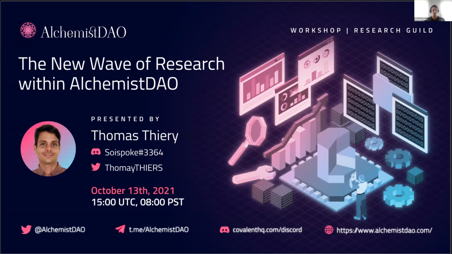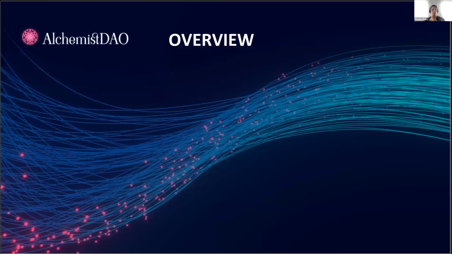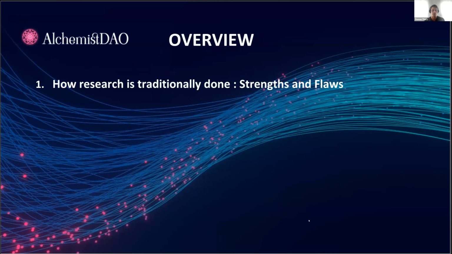First, I want to give an overview of what I would like to talk to you about today. The first thing is a high-level perspective on how research is traditionally done in academia, which is where I come from, so you can understand where we are coming from in terms of how research is produced, the strengths and weaknesses of how it works right now, which are my personal opinions, and how we were inspired to come up with our own approach of community-driven research.